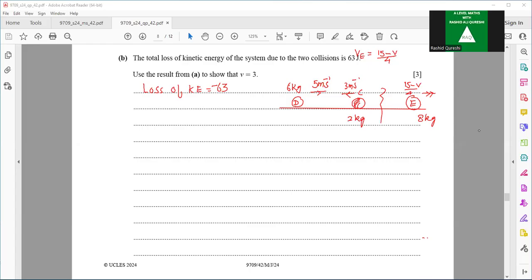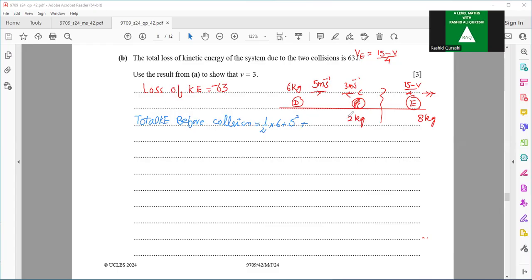So total energy before collision is equal to the energy of the particle D and the energy of the particle C. Using kinetic energy, half m v square: the mass of the particle D is 6 and its velocity is 5, so half times 6 times 5 square.